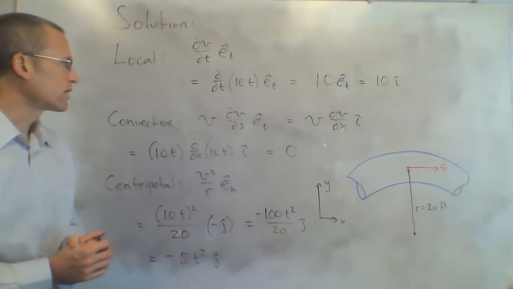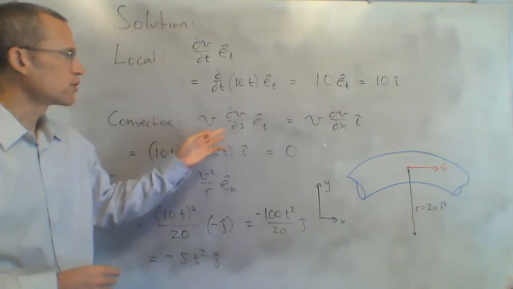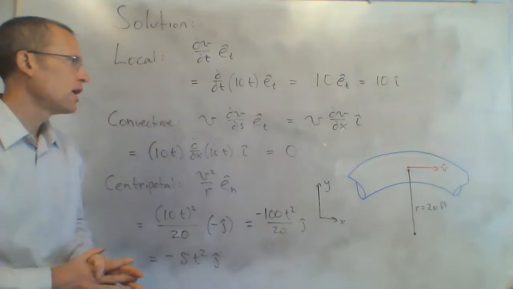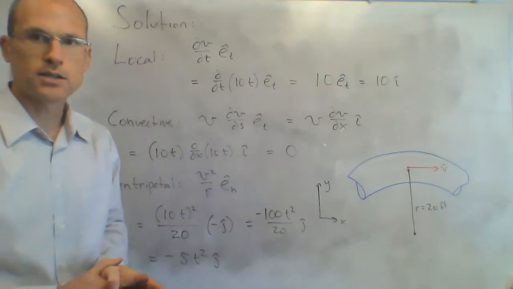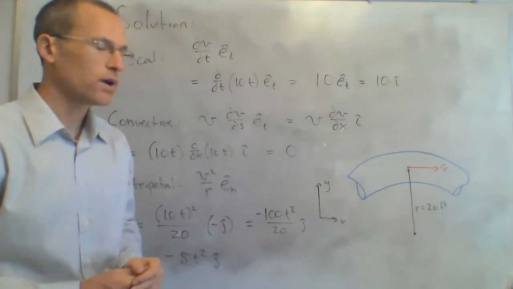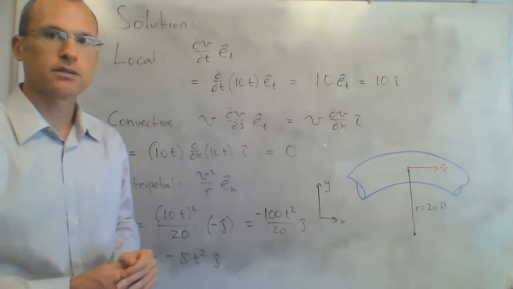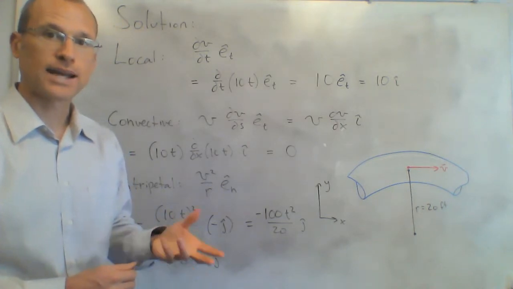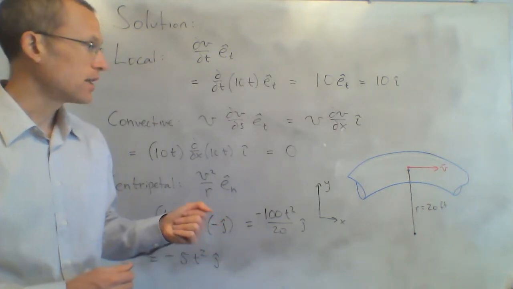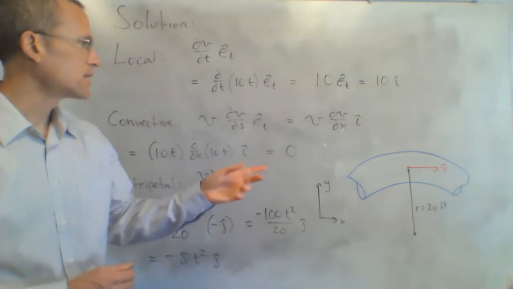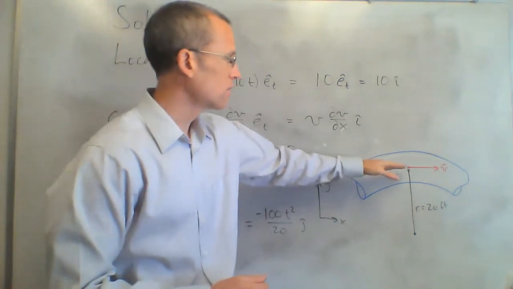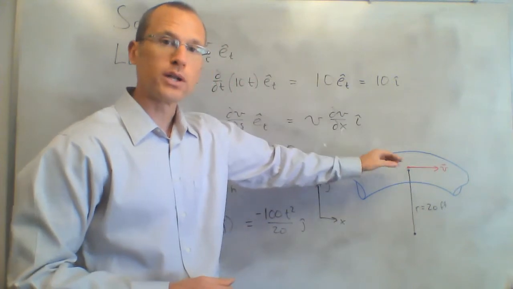For the convective part of that, I have v, partial s, also in the et direction. Now this guy, because I related this to x, y, and z coordinates, I can take my streamwise coordinate s and relate it to x and y and z. So again, looking at which way this thing's actually going, my streamline here at this particular point is going straight to the right.